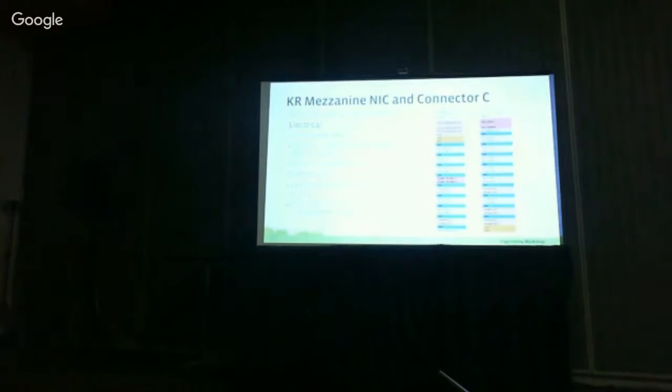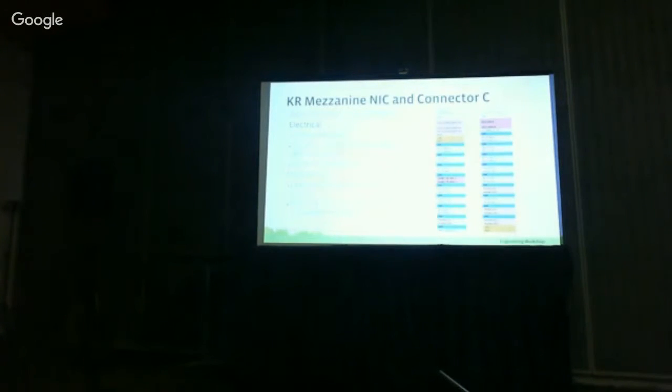Then Connector B was added earlier last year in order to extend the PCIe bandwidth to x16. Meanwhile, with the Yosemite system that Ian just introduced in this room half an hour ago, the KR Mezzanine card with Yosemite needs some KR signal to get into the mezzanine connector.